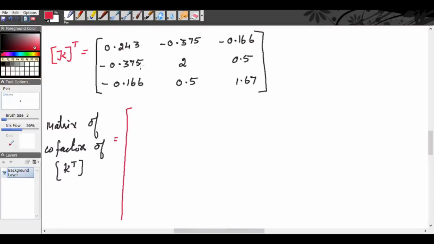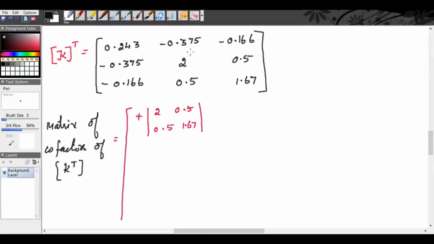So first one is cofactor of this value, cofactor of first coefficient, that is cofactor of 0.243 is plus determinant of, you can cancel these both, so you get 2, 0.5, 0.5, 1.67. Okay.